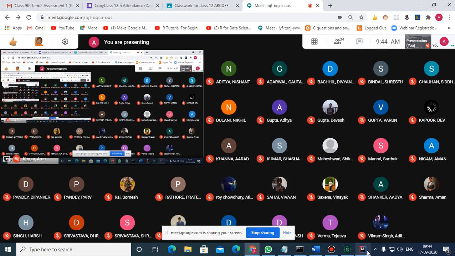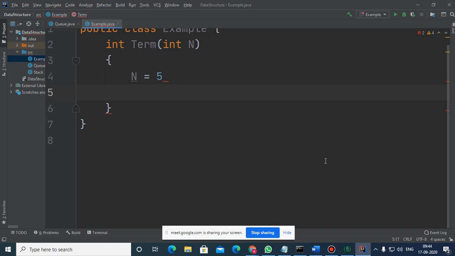Suppose I am passing a value n equals 5, and here I would like to calculate 1 plus 2 plus 3 plus 4 plus 5. What should I do?